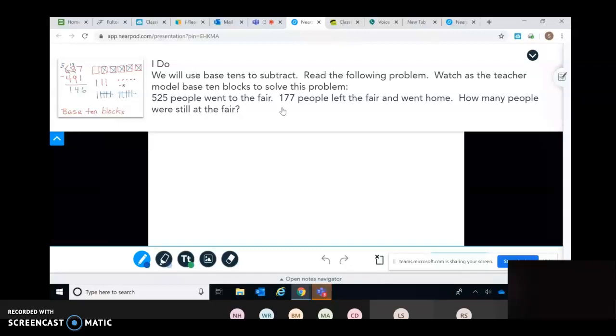How many people were still at the fair? So they want to know, out of 525 people, how many stayed at the fair after 177 people left?